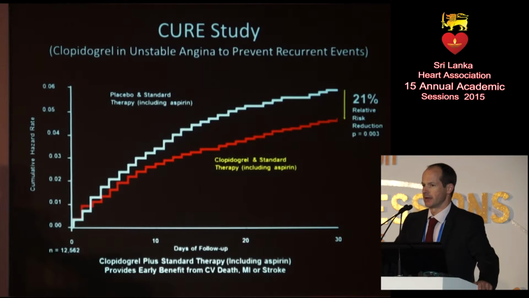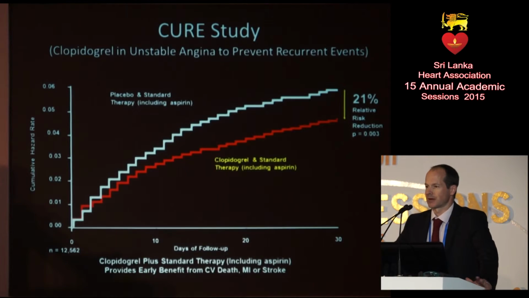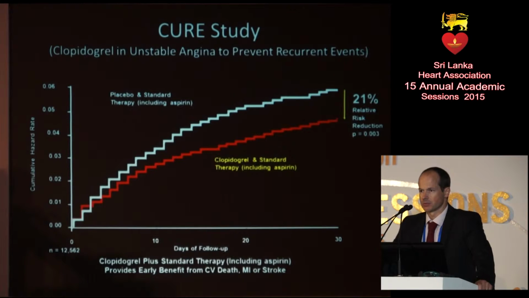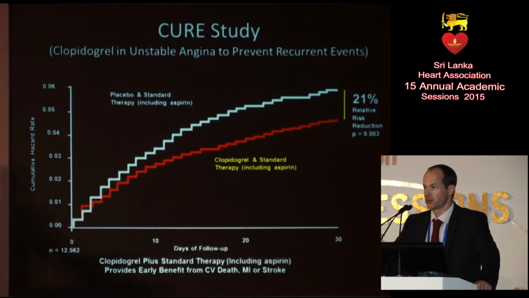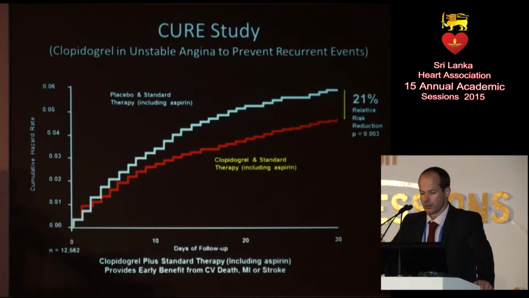CURE was really a transforming practice study. This was a study in fairly unselected acute coronary syndrome patients who were randomized to either clopidogrel or placebo in addition to aspirin. It was back in the day where there was a pretty non-interventional approach to acute coronary syndromes.